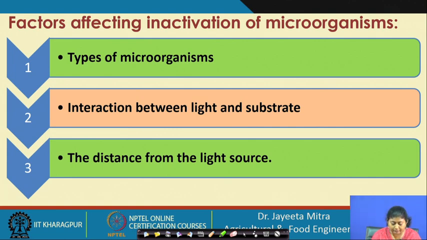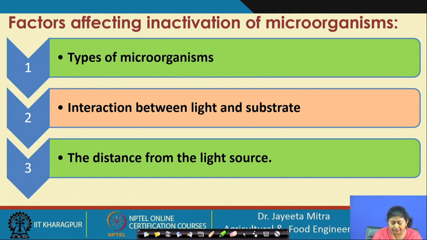Some have a strong cell wall and membrane, some do not have a cell wall. So, there are many kinds of microbes, and what is actually defined is what type of microbe is sensitive to a particular spectrum of the light. That is why we mentioned initially that to inactivate some microorganisms we need the whole spectrum of the light, and for some we need a filtered spectrum. So, that specifically depends on what kind of microorganism is present.